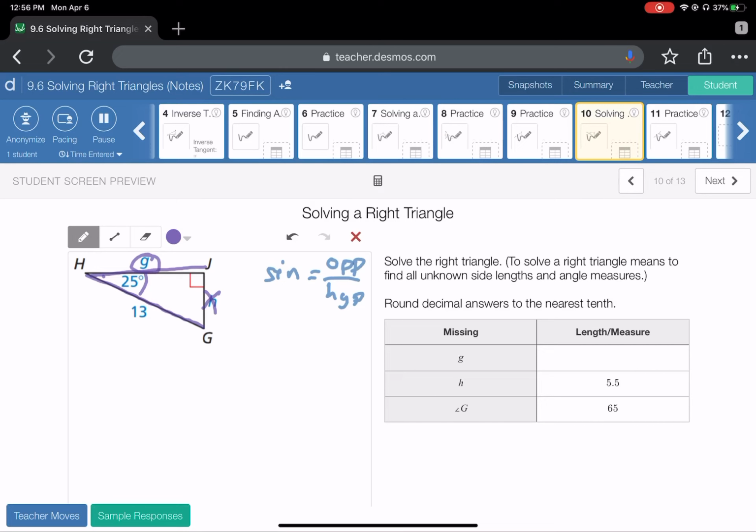From this angle 25, I have G, which is adjacent, and I have the hypotenuse, and I know that adjacent over hypotenuse is cosine. So I'm going to do the cosine of 25, cosine of the angle, is equal to adjacent g over hypotenuse 13.